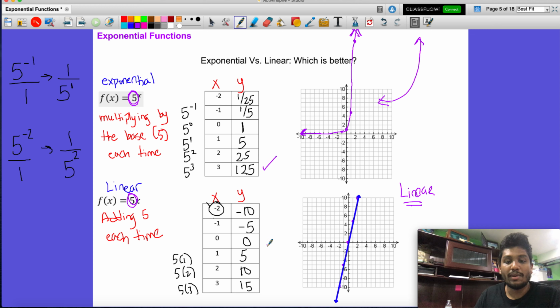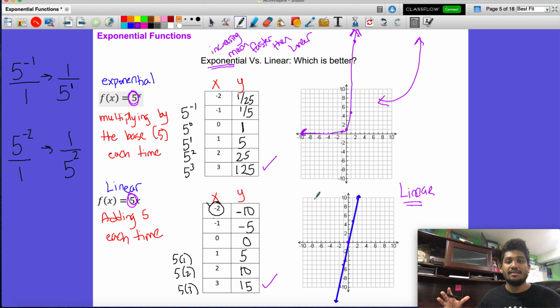Here we made it all the way up to 125. Here we only made it up to 15. So an exponential will be increasing much faster for the most part, much faster than linear. Okay, so exponential is definitely the way to go if you want to cover a huge distance in just a very small amount of time.